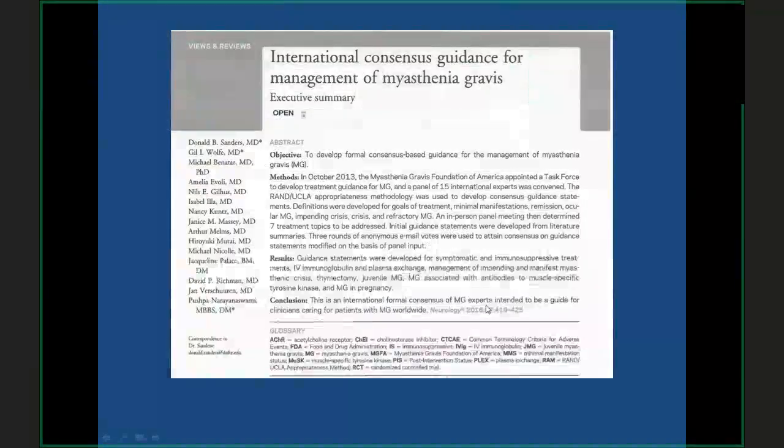That's why, later on, after several years, they produced an international consensus guidance for management of myasthenia gravis. This is a very good article. I recommend all residents read this. It tells you how to manage myasthenia gravis patients.